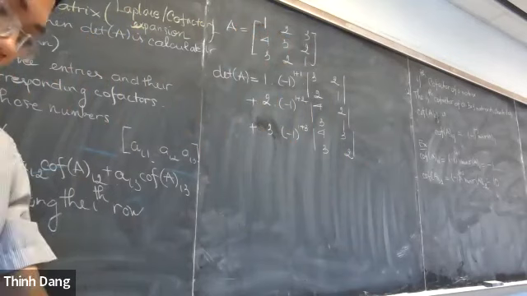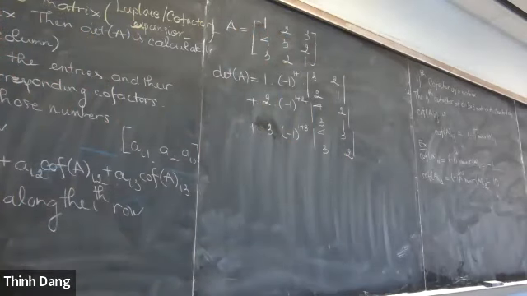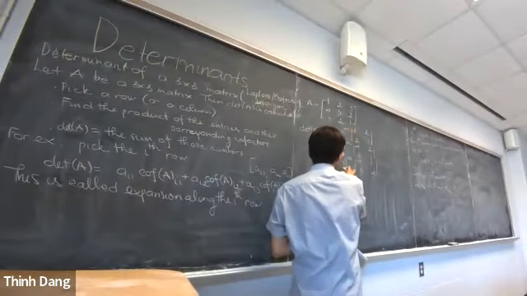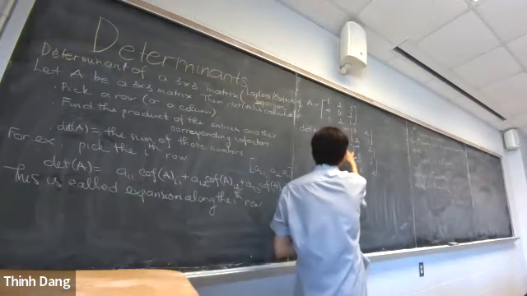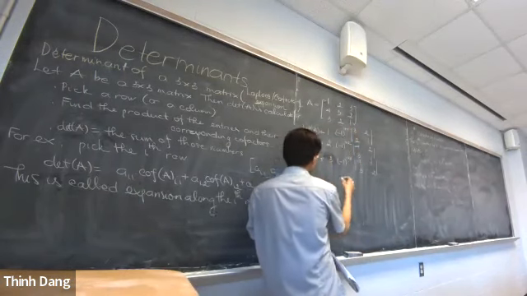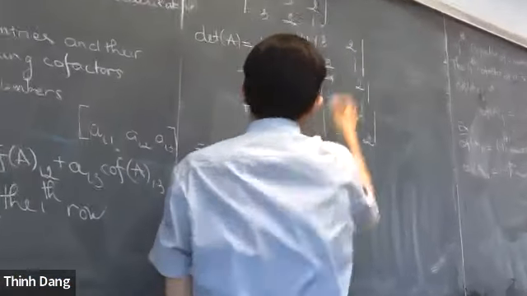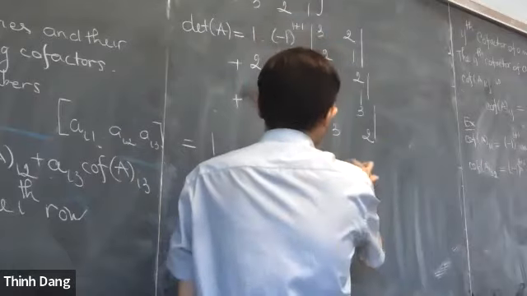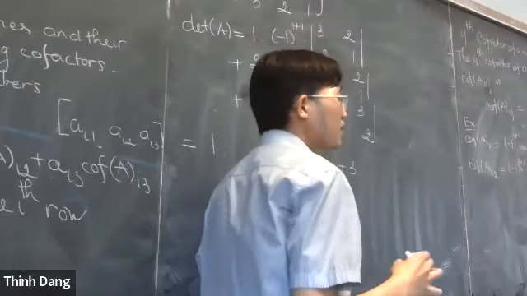That is the determinant according to the definition. Here -1 to the power of 2 is 1, -1 to the power of 4 is 1, -1 to the power of 3 is -1. So we should have 1 multiplied by the determinant of this, -2 multiplied by the determinant of this, and then +3 multiplied by the determinant of this.